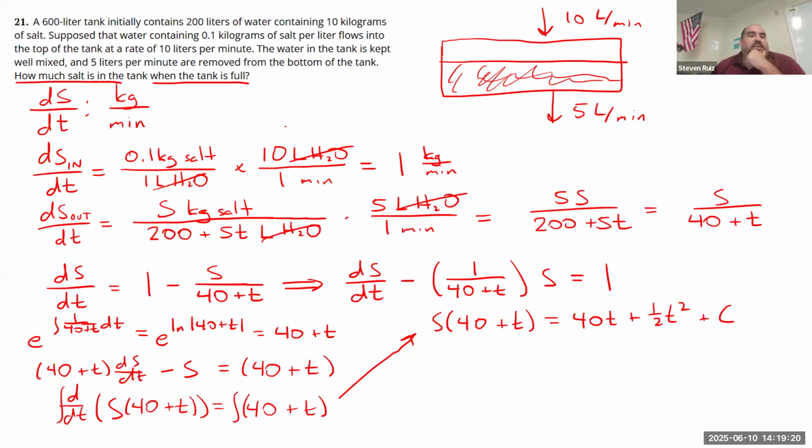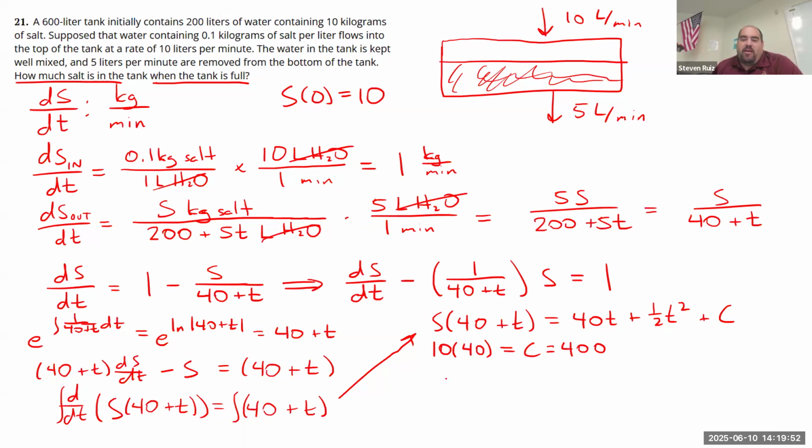Do I have an initial condition here? A 600-liter tank initially contains 200 liters of water containing 10 kilograms of salt. Okay, so that tells me that S of 0 is equal to 10. So we'll go ahead and plug those things in. S is 10, t is 0, so 10 times 40 equals 0 plus 0 plus C. So C is equal to 400.